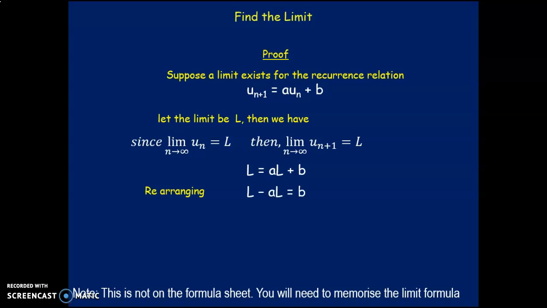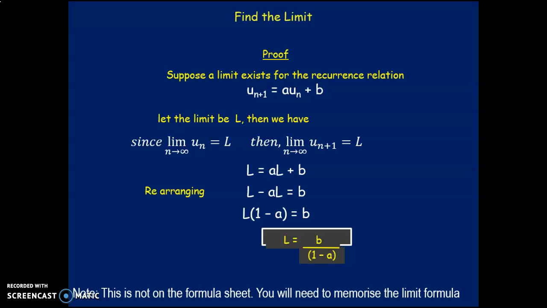So I'll subtract aL from both sides. I'm going to factorize out L on the left-hand side, as my highest common factor. And then I'm going to divide both sides by 1 minus a to get L on its own. So right here, this is your limit formula. L equals b over 1 minus a.